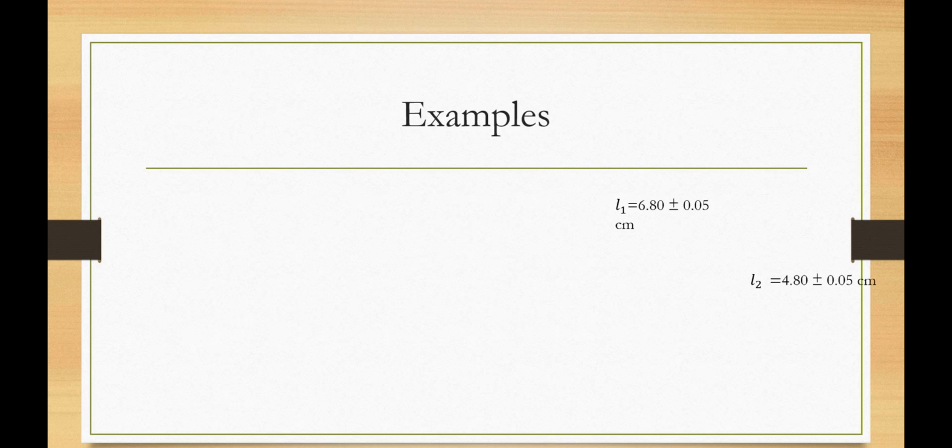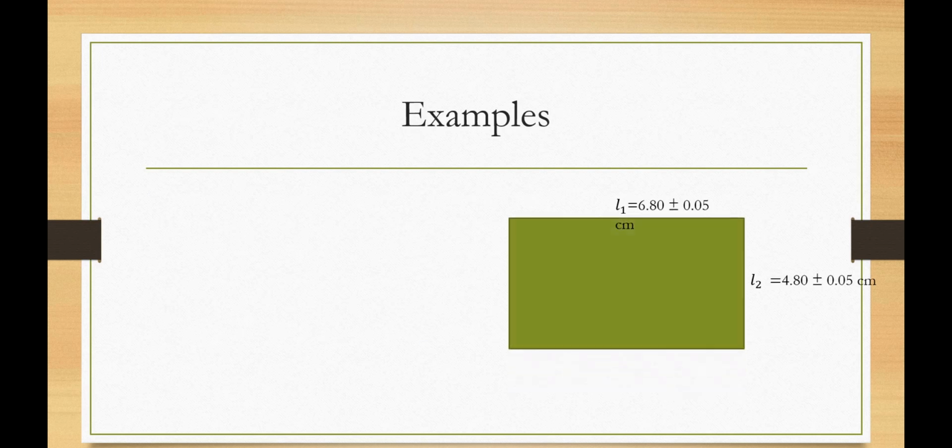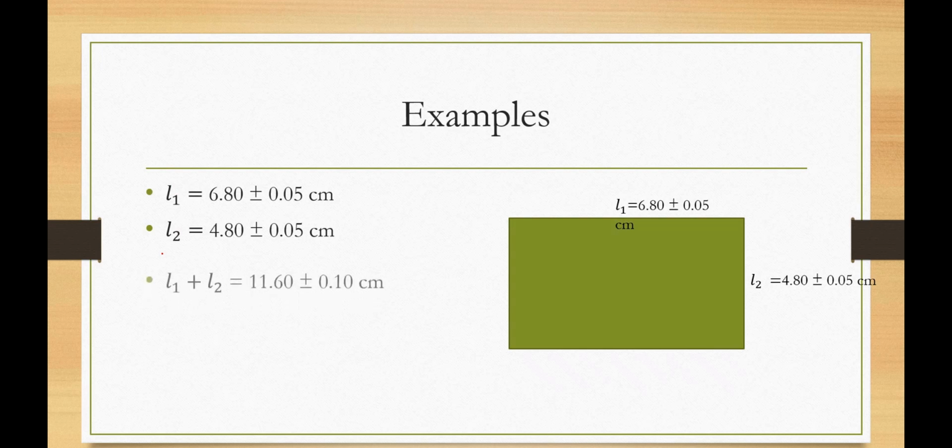So let's look at an example. A rectangular box of dimensions are shown here. It's labeled as L1 and L2. In order to find the total length of two sides, we have to add L1 and L2. So let's see, what do we get?